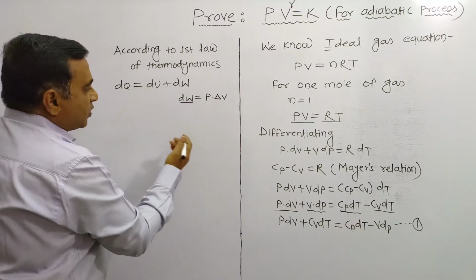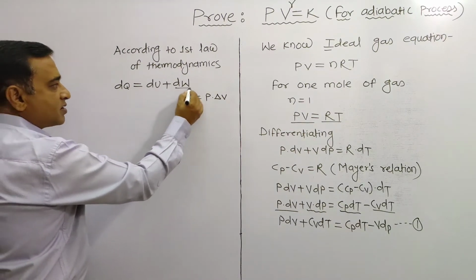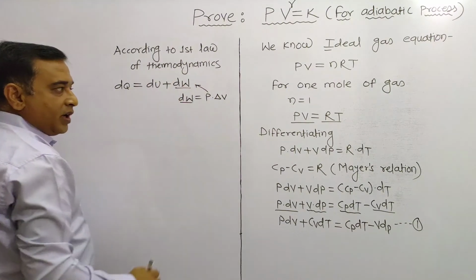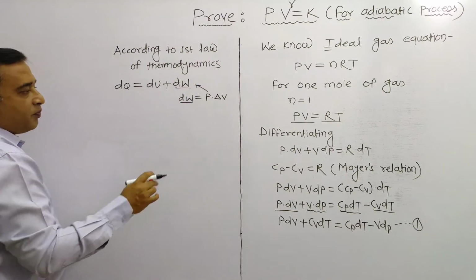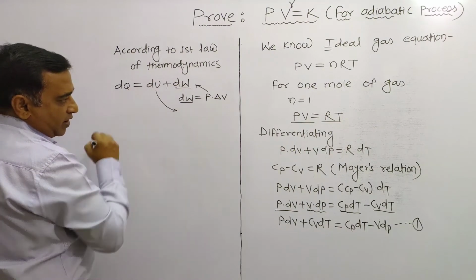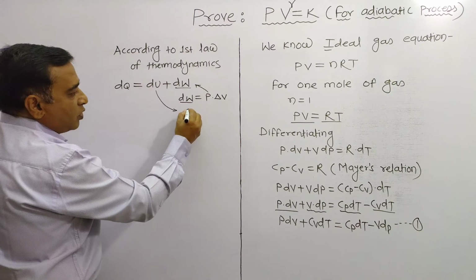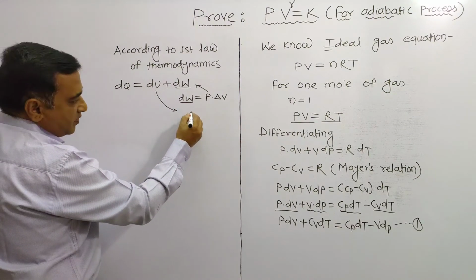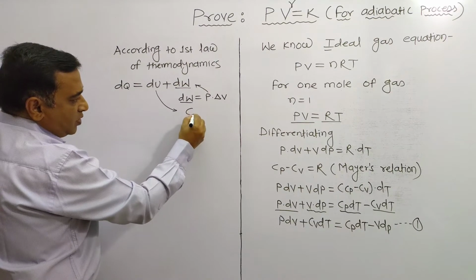Now I am going to substitute this dW in terms of P dV, and the dU term I need to calculate. How? We know that dU can be expressed in terms of specific heat at constant volume.